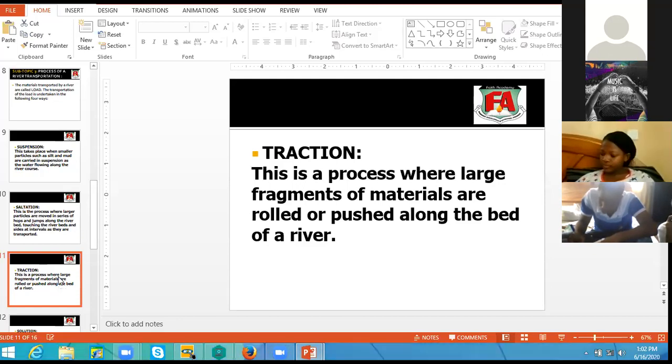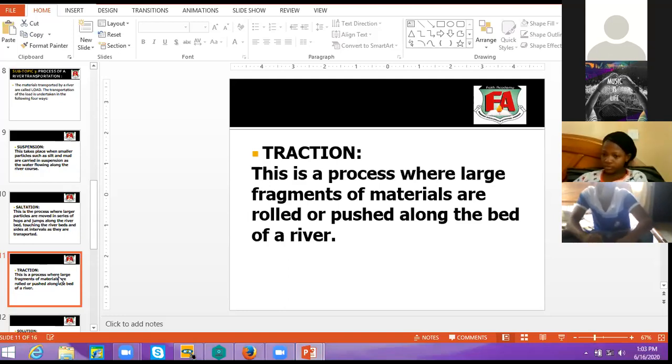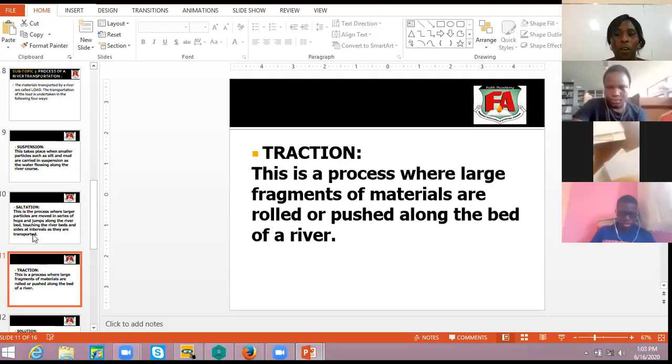It is only the force of the water that can allow traction to take place, thereby pushing or rolling the fragments as the river flows. We call that process traction. Don't forget, this is a process where large fragments of material are rolled or pushed along the bed of a river. Traction is mostly experienced during heavy rainfall or when the force of a river increases.